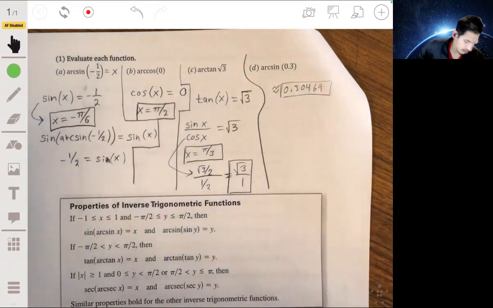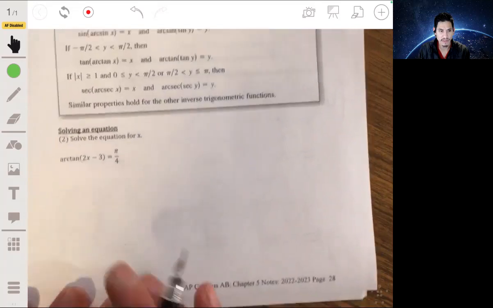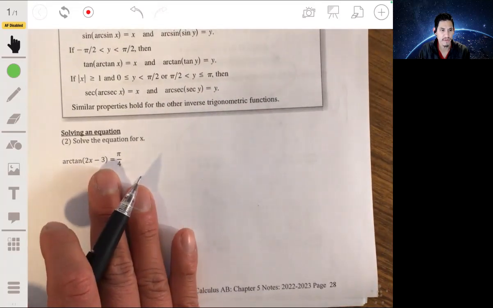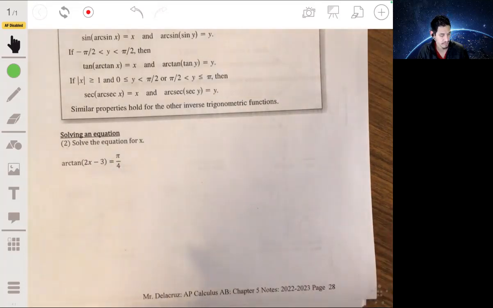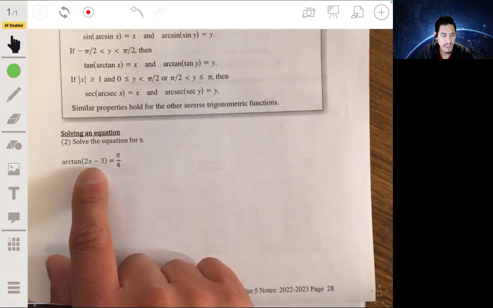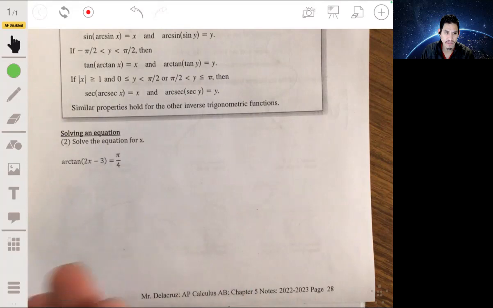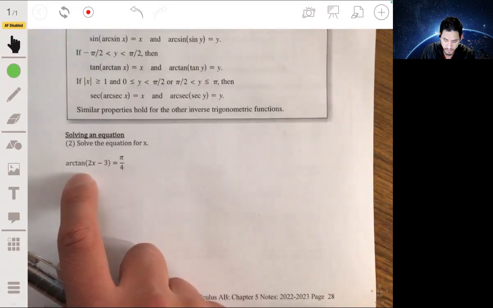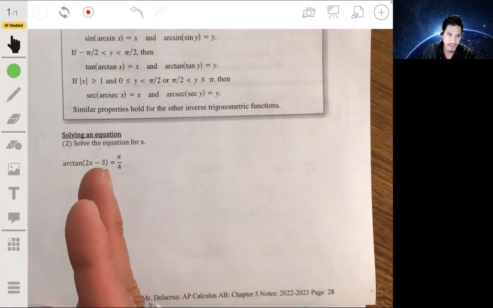Okay, so now let's go over a couple more equations where you're solving for a value of x, and you're given the angle. Again, we want to recognize that you can undo a function by taking the inverse of that function. So you can undo arctangent of something by taking the tangent of that something.